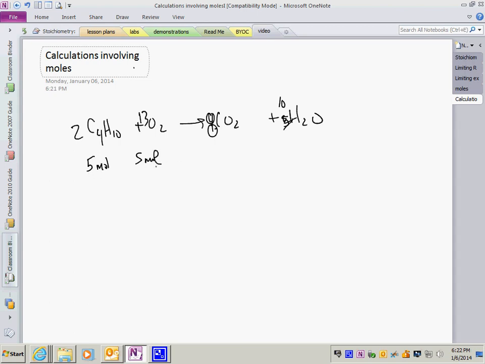These represent number of particles, and these number of particles can be utilized as far as limiting and excess, determining the quantities produced in the endpoint: initial, stoic ratio, ending. All of the mathematics of limiting excess can be done with moles as well as with particles.